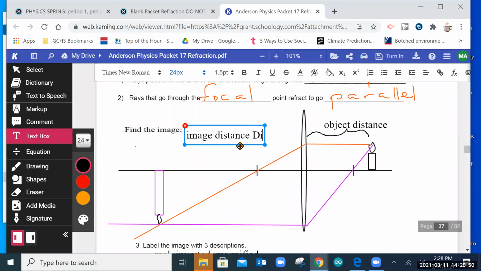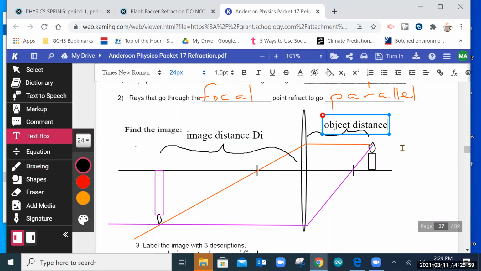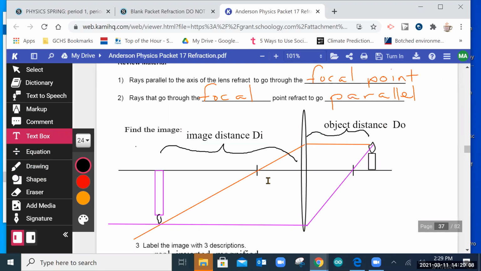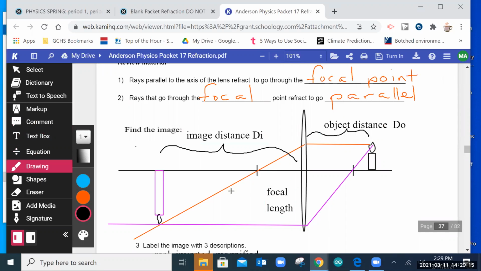That's going to be DI. Remember, object distance is DO. And then the focal length. The focal length is the distance from the focal point to the lens. It's the same on the other side as well.